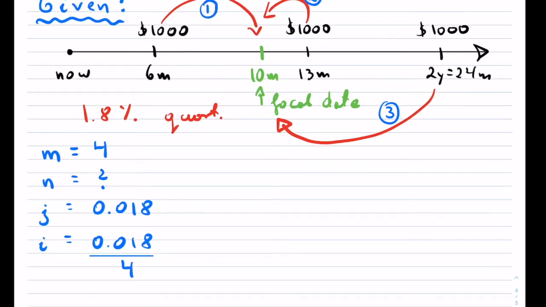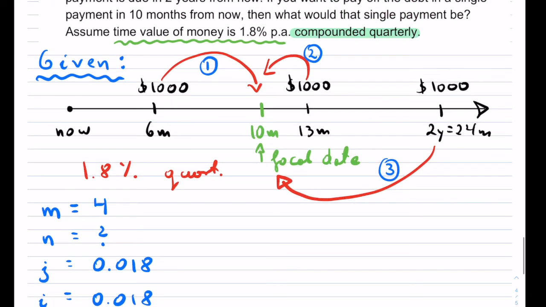All right, so now let's knock them off. This is something that we have to think about because we're moving money back and forth. For number one, we know M, we know J, we know I, and we want to know N. We're compounding quarterly.